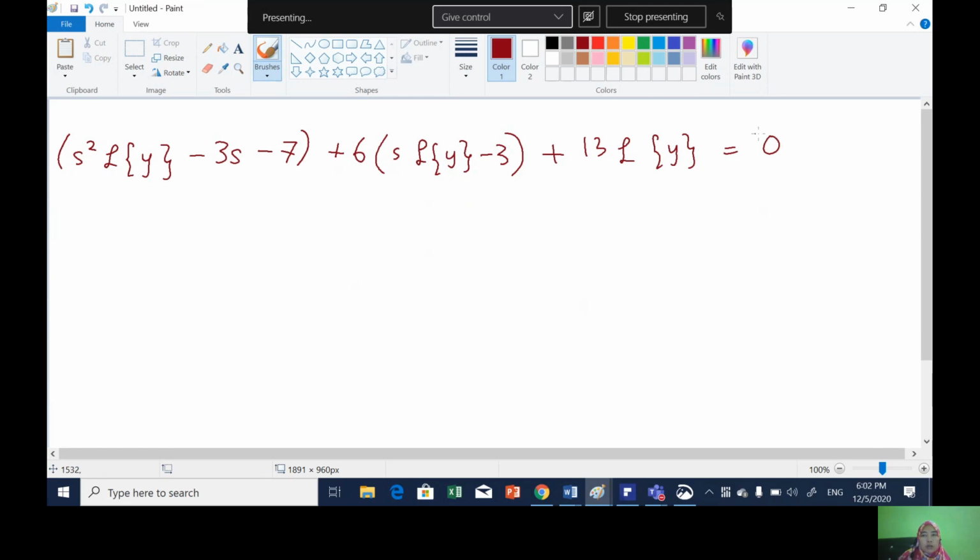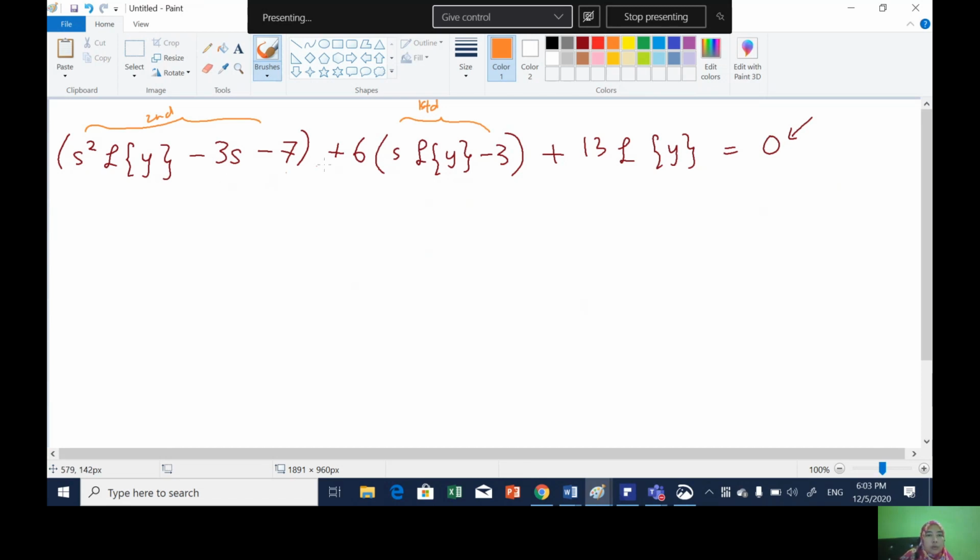Okay, so this one is the answer after we find the transform. So this is for the second derivative, this is for the first derivative, which we simplified by substituting the boundary conditions given in the question just now.